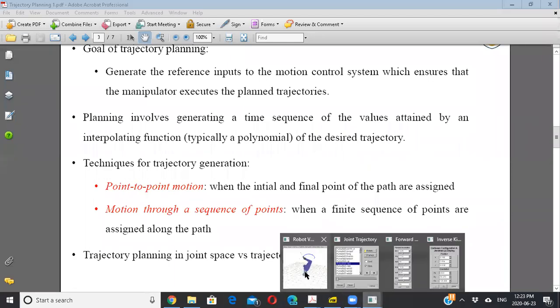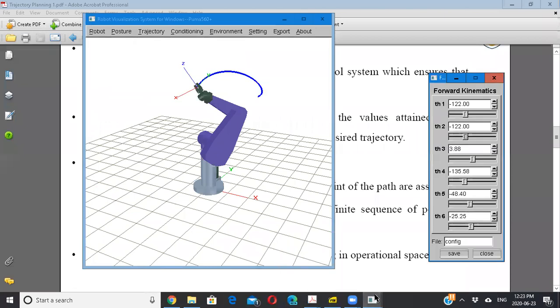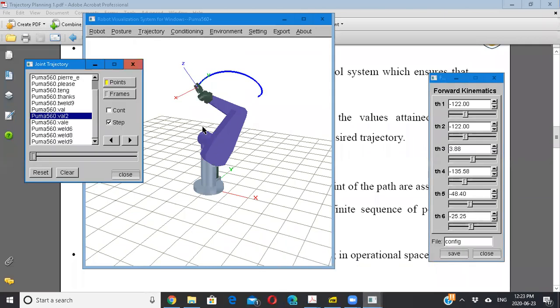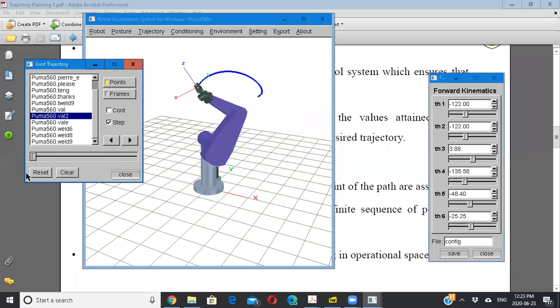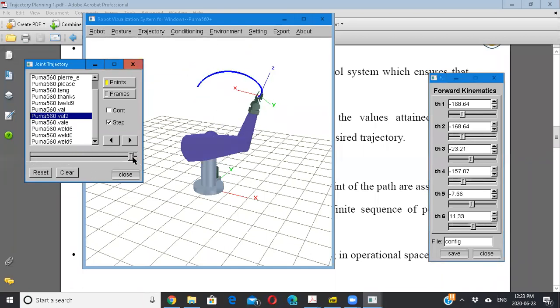If you look at this problem, and if you had given me just the initial position and the final position, and I wanted the intermediate thetas to be found, this is called interpolation, because I only know the first one and the final one, and I need to find the middle points, the intermediate points.